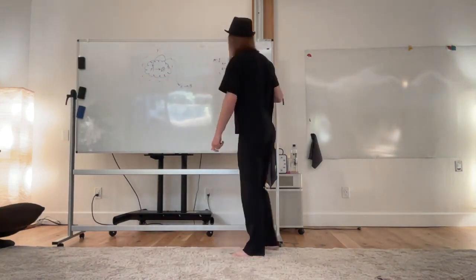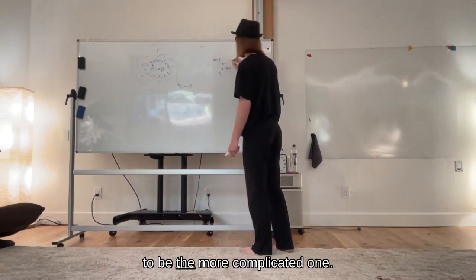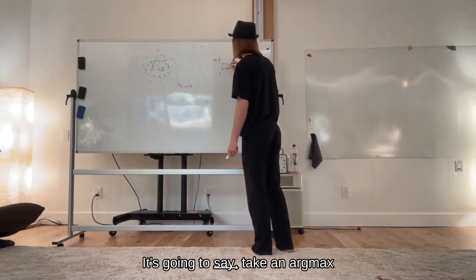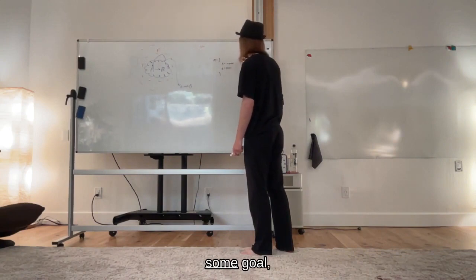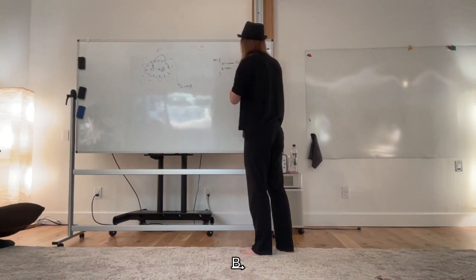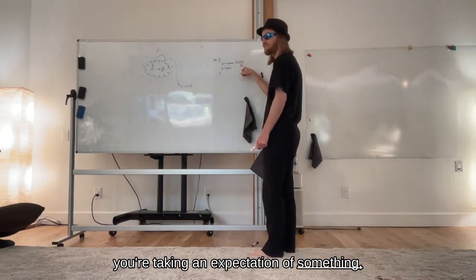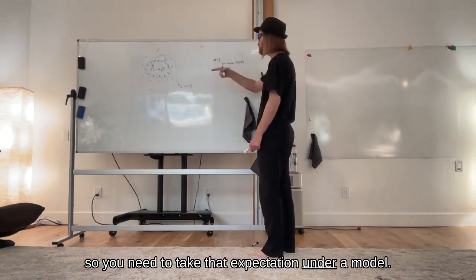A is going to be the more complicated one. It's going to say, take an argmax on some goal, expectation of utility of B. And since you're taking an expectation, you need to take it under a model.